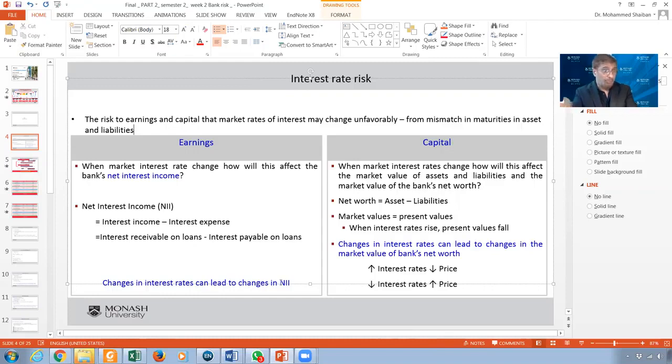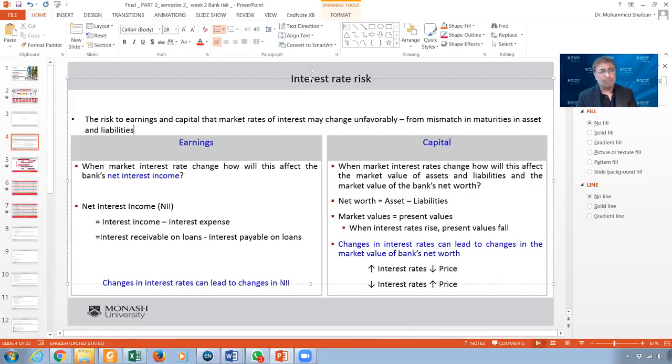Since my liabilities are higher than my assets, at the end of the day I'm paying more than what I'm getting. The net impact on the income statement, or what we call the net interest income, will represent losses. This is the impact on the net interest income and the risk to the earnings. So our earnings will decrease.